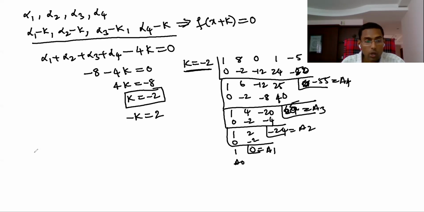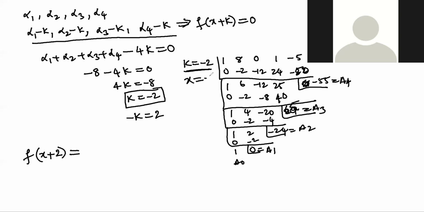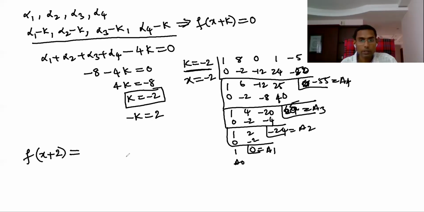So the translated equation is f of x plus 2 actually. Here it is the k value, but actually you should take x equal to minus 2. So f of x plus 2 is actually the translated equation.